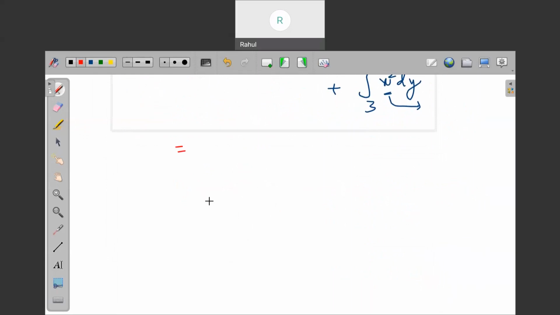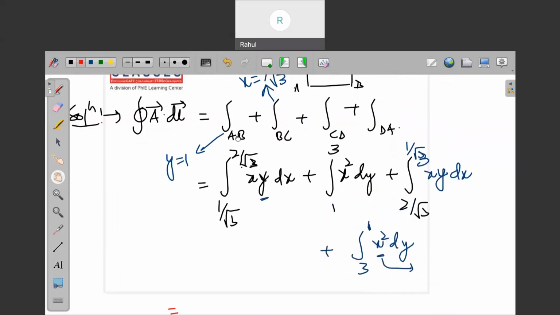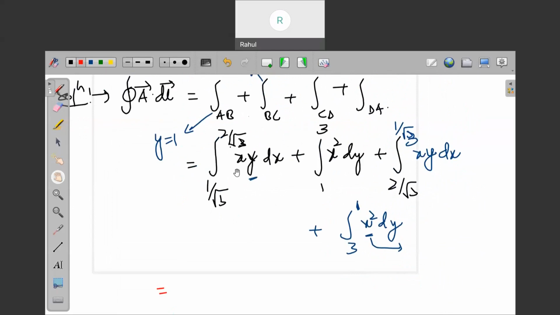So you have to see which is constant. Here y equal to 1, and the integration of x is x square by 2, from 1 by root 3 to 2 by root 3.